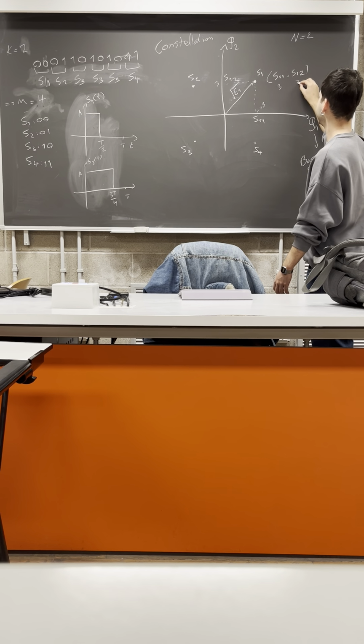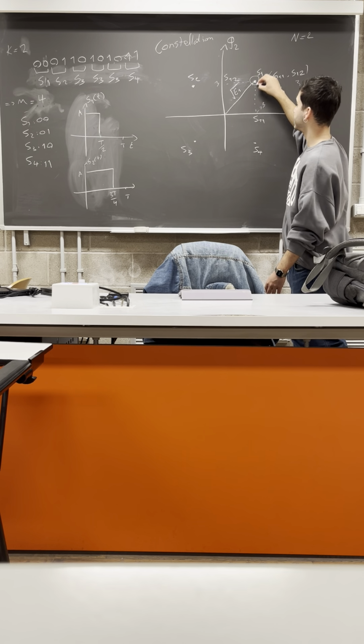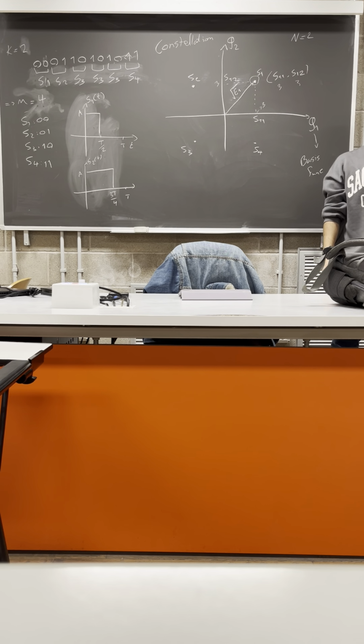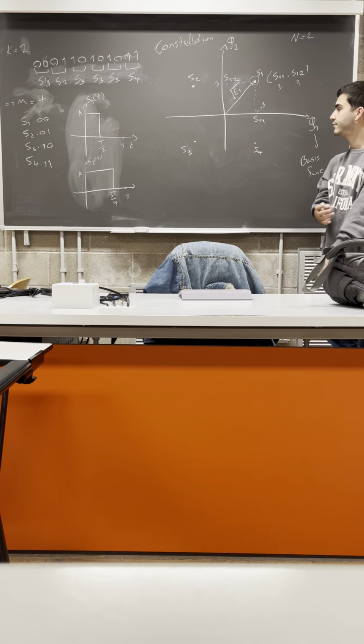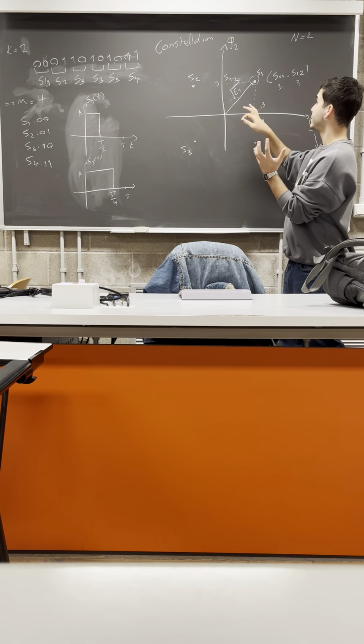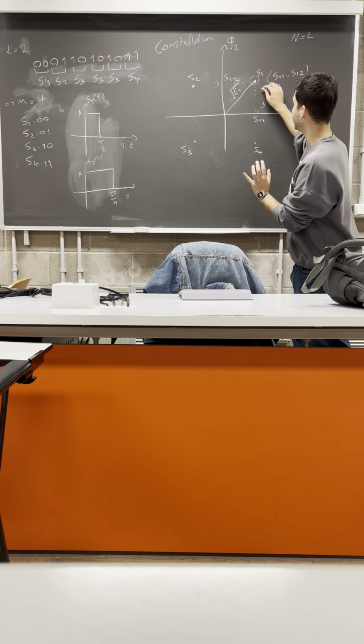I put 3, 3, and I just take this point and transmit the energy of this point to my receiver, and the receiver has this constellation. My receiver gets an energy, and it maps this energy to this constellation. For example, it gets an energy somewhere here.